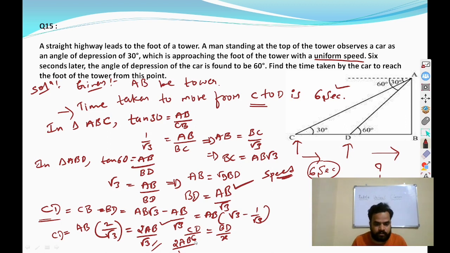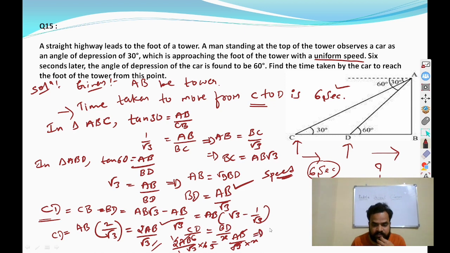So 2AB by root 3 into 6 is equal to AB by root 3 into X. Here AB cancels, root 3 cancels, and 2 into 3 is 6.